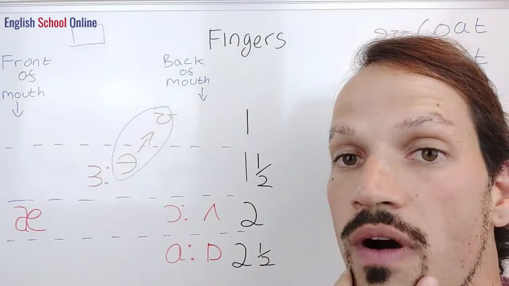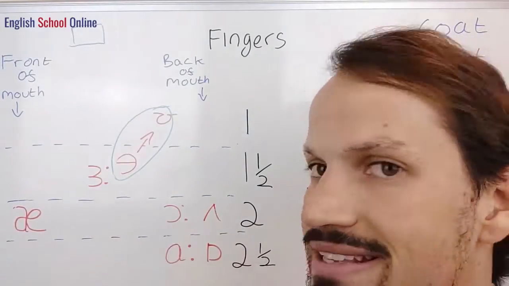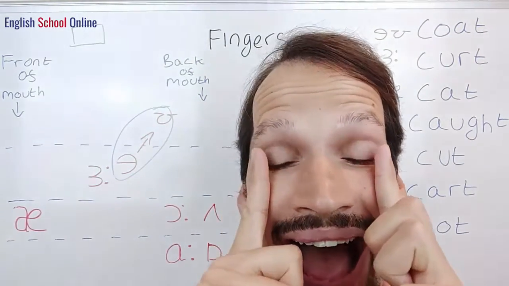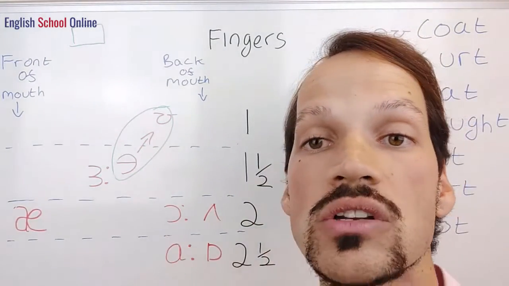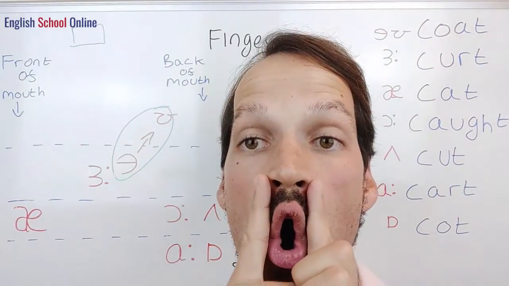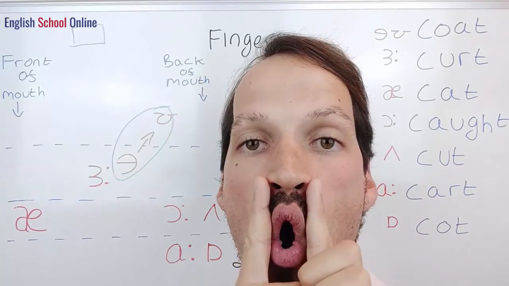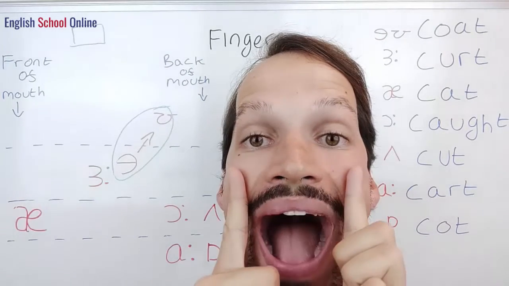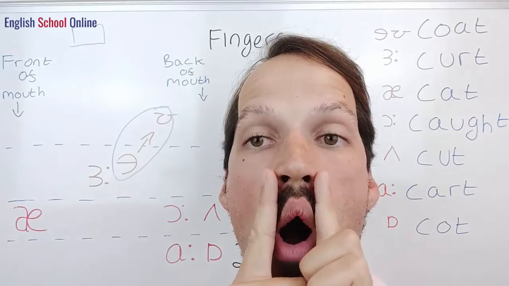The width of our lips, I'm going to compare a to these two now. A, a, a, I'm going to poke myself in the eyes. For or, as in caught, my lips are as wide as my nose. Or.